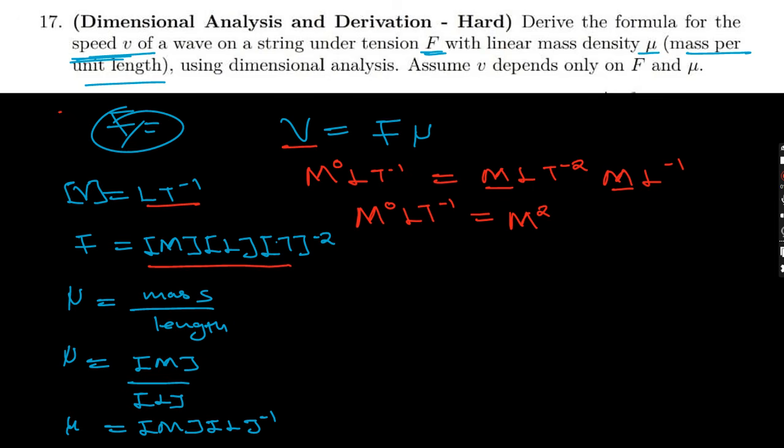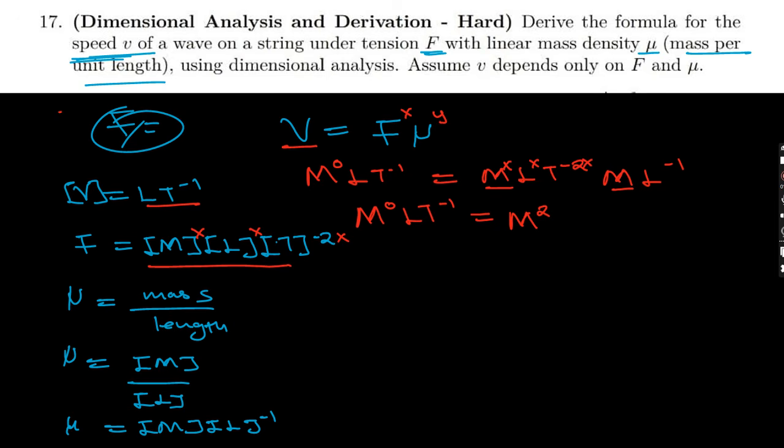Actually, I forgot to add powers here. You can add powers like x and y. Very important. So the one for force is going to have x here, x here, also x here.